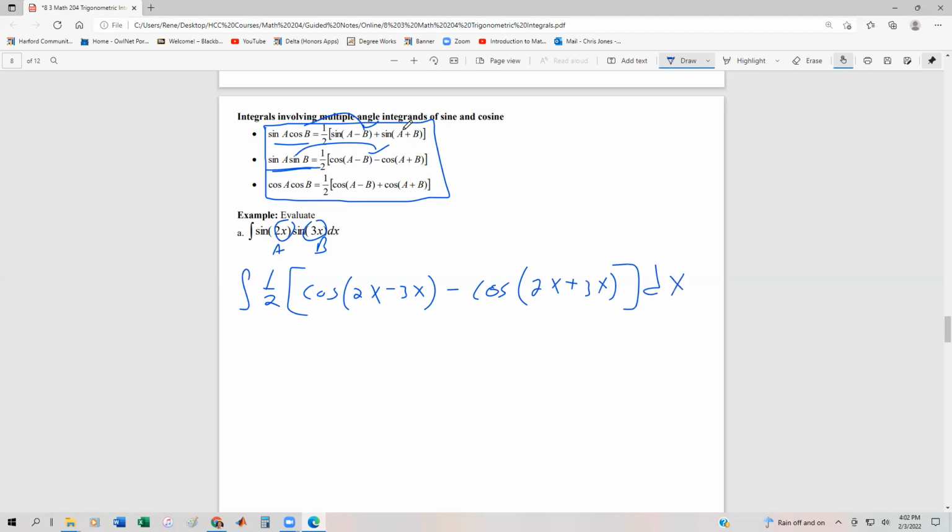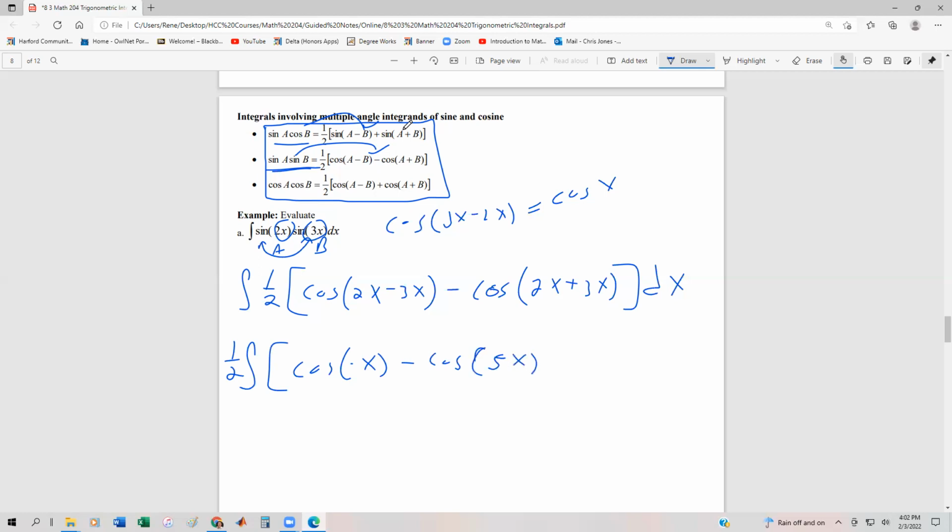Now, what happens if we switch these around? That would give us a completely different first term: the cosine of 3x minus 2x, which would be cosine of x. But when we simplify the other one, that's the cosine of negative x, minus the cosine of 5x.